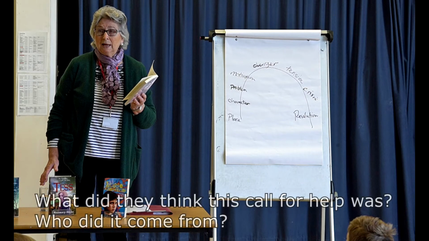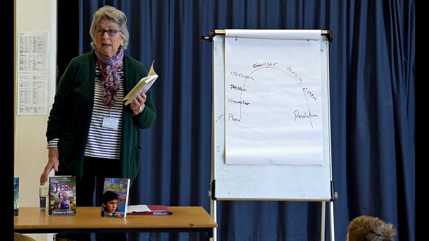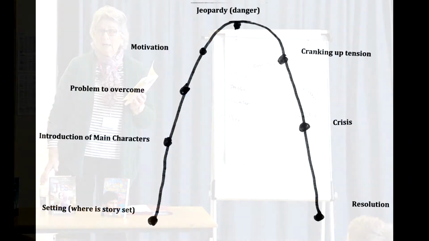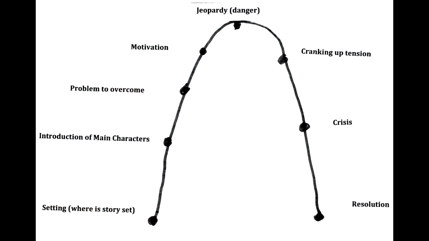There were no right answers, but I then set them a task, and this was year 5, to write a little outline, and I showed them how to work out an outline, a narrative arc, of where the story might be set, who the main characters were, what their problem was to overcome, and what motivation they had to overcome this problem.